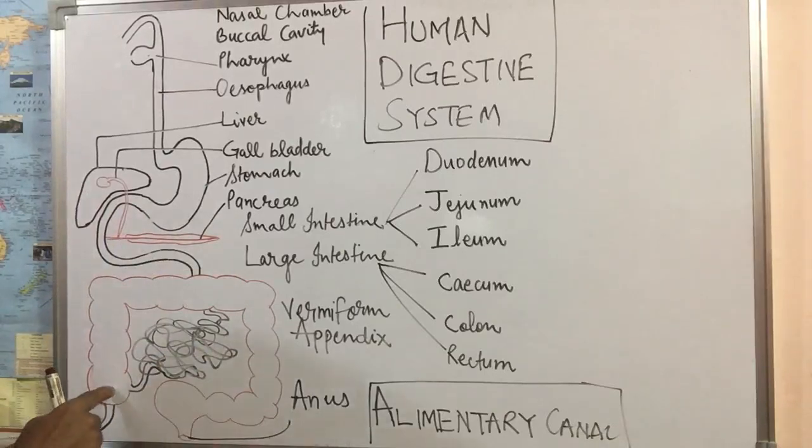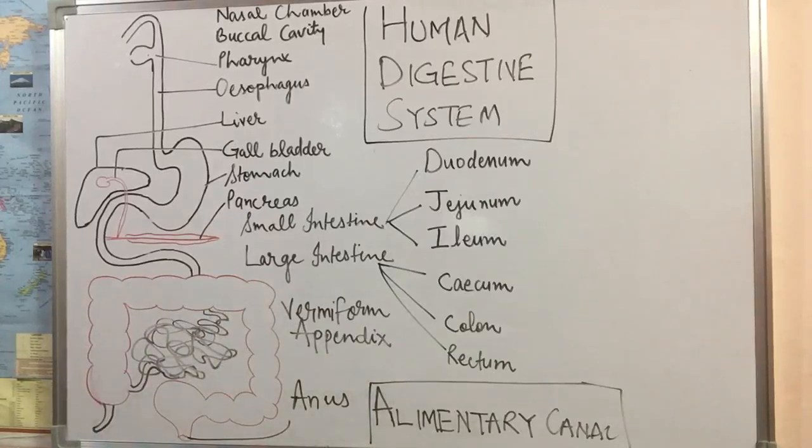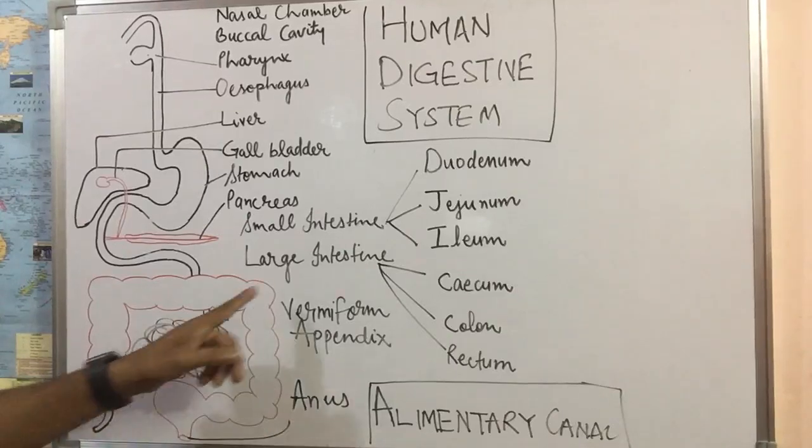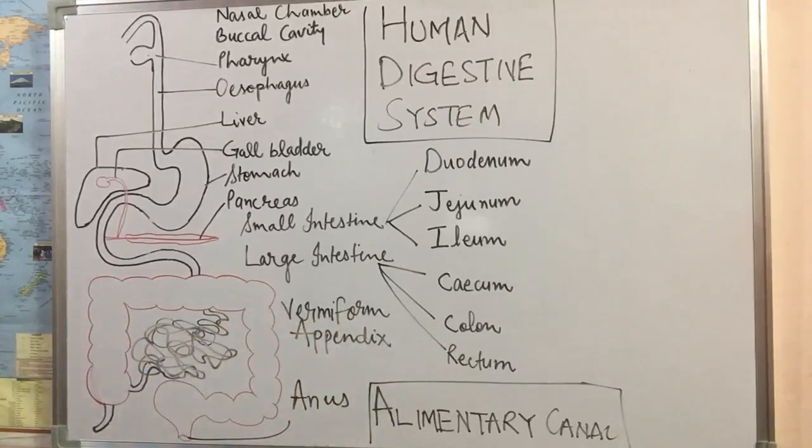Then this whole part, made in red color, is known as the large intestine, and this is known as the vermiform appendix.